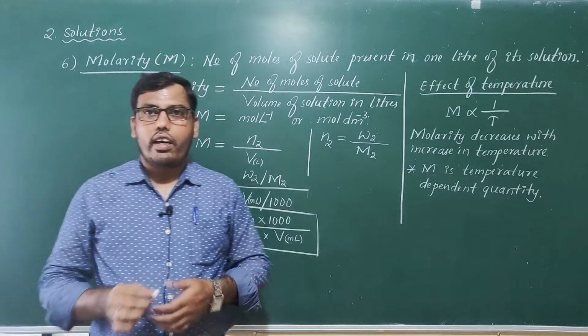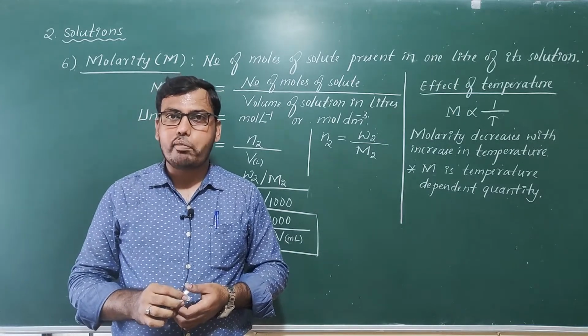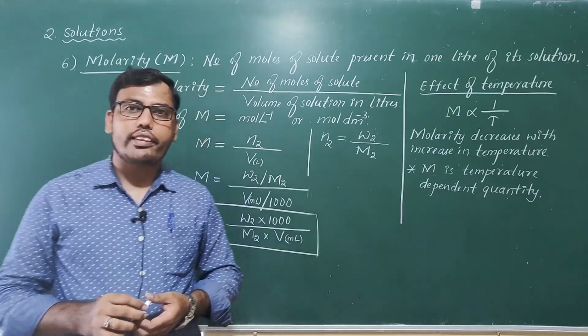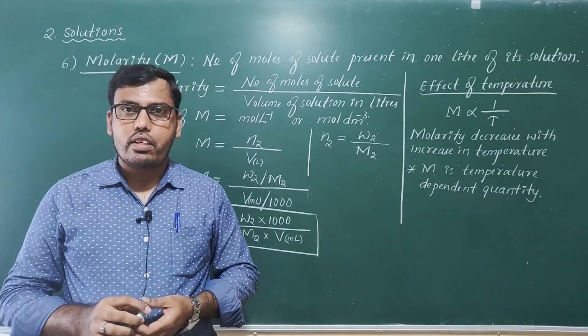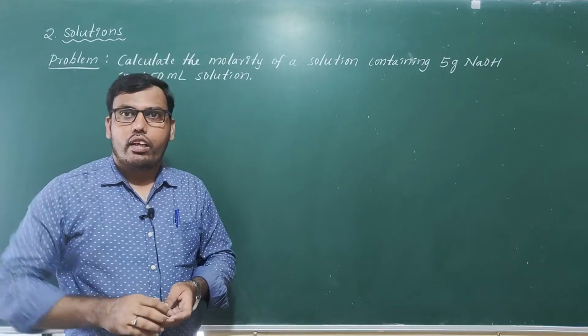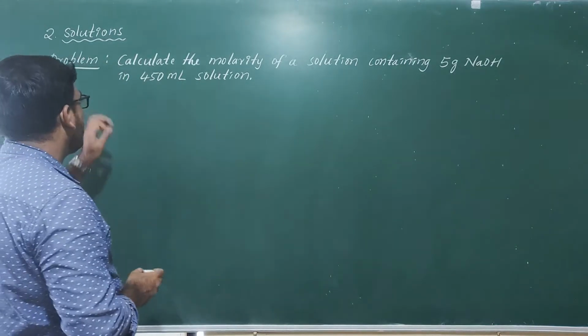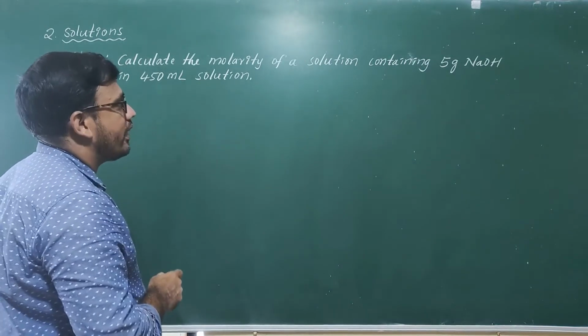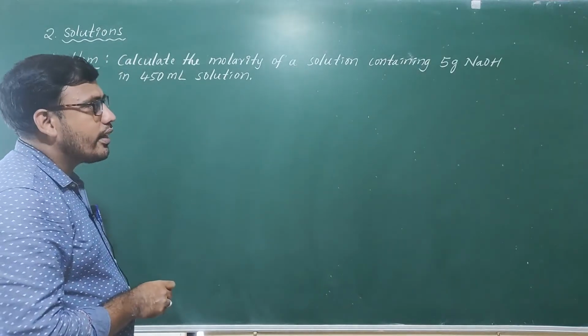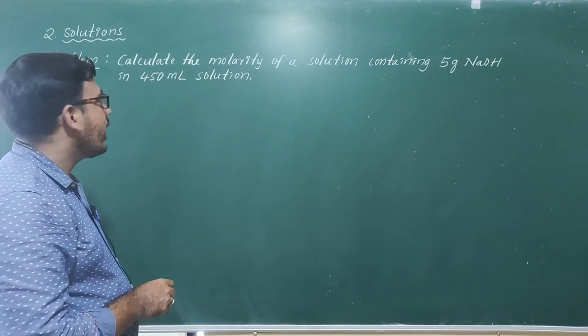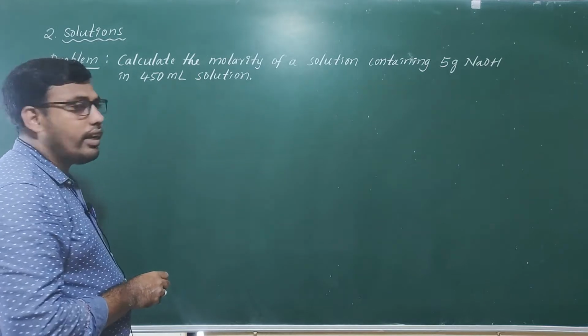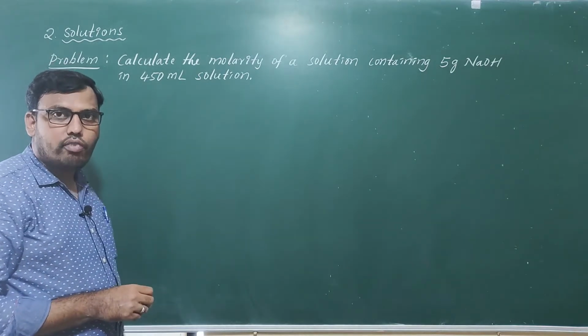So let us solve a simple 2 mark problem to understand how to calculate molarity. Here is a problem on molarity. Calculate the molarity of a solution containing 5 gram NaOH in 450 ml solution. Very simple one.